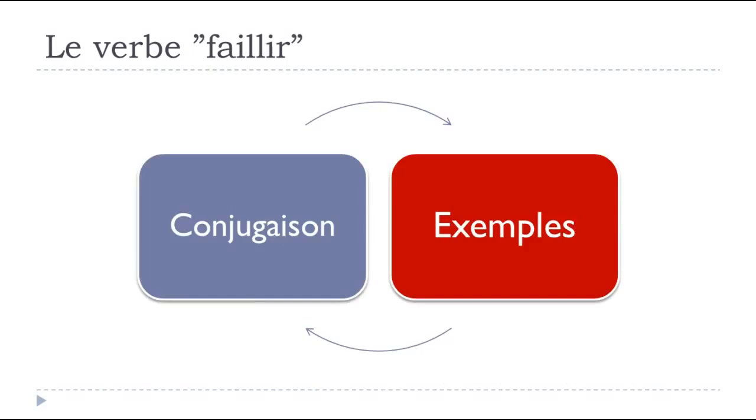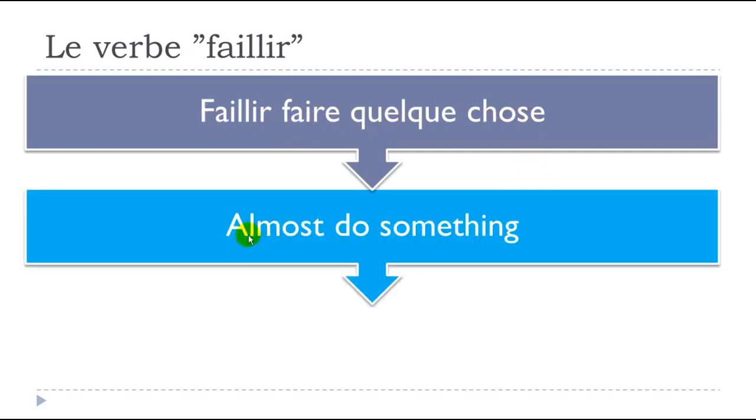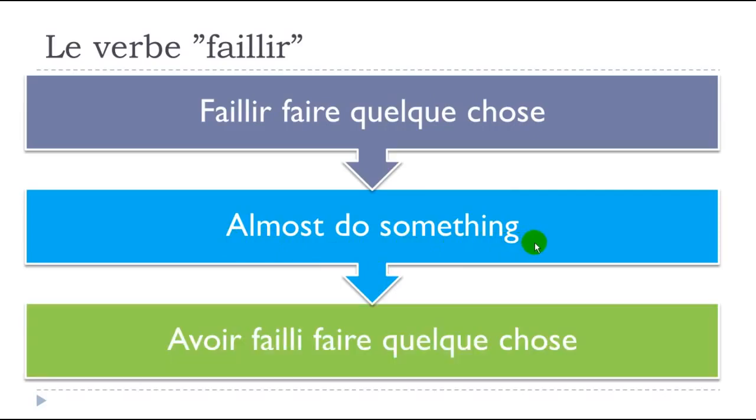So let's see now a few examples. Faillir, faire quelque chose. So basically, as we saw, it's almost do something. Avoir failli, faire quelque chose. So it will be what you would use if you put that at the passé composé form.